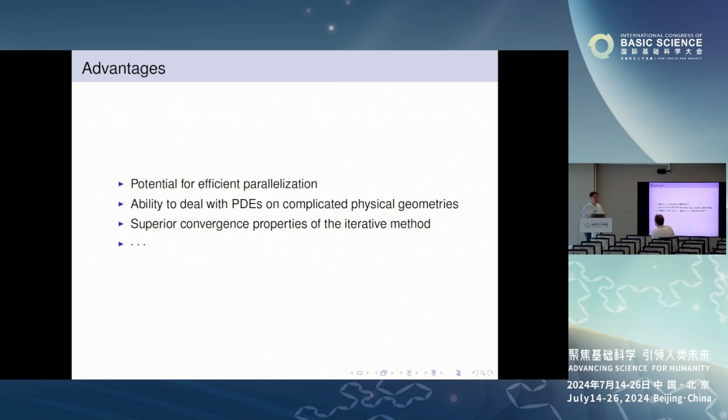For example, if you have a multi-physics problem, like this desk, where you have a plate and another part, you can decouple them by domain decomposition. In this case, the interface is very important, and you should deal with the simple geometries. This is the domain decomposition method.